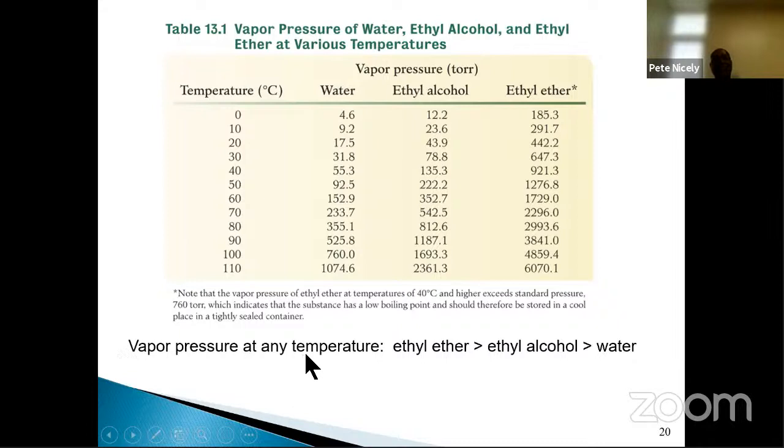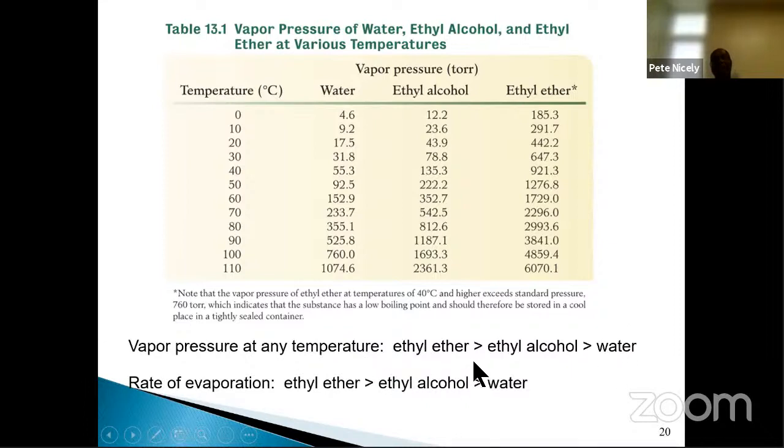The trend is that ethyl ether will have the highest vapor pressure, followed by ethyl alcohol, and then water would be the last one in terms of the vapor pressure exerted. So it doesn't matter what the temperature is. That's a trend that you'll observe for the different substances.